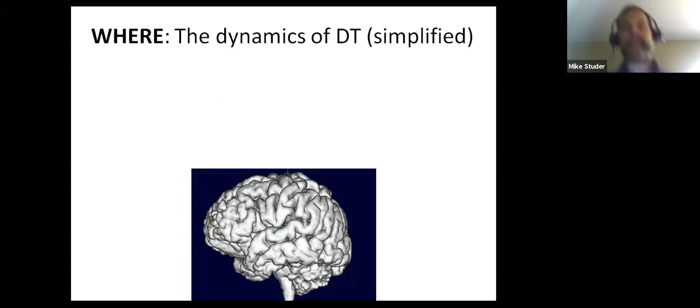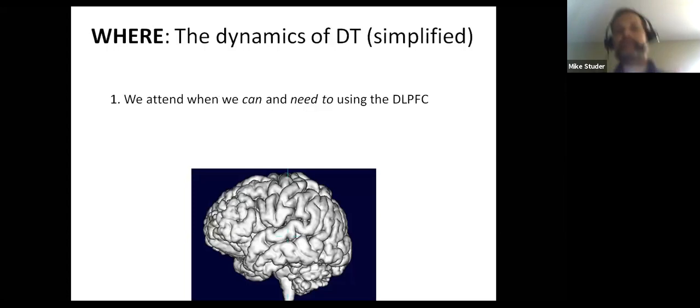So this is a very simplified pictorial representation of the dynamics of dual task. What happens? Number one, we attend when we can and when we need to using the primary attention center. Right up here, the DLPFC.